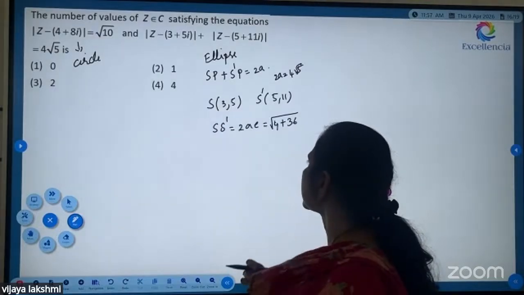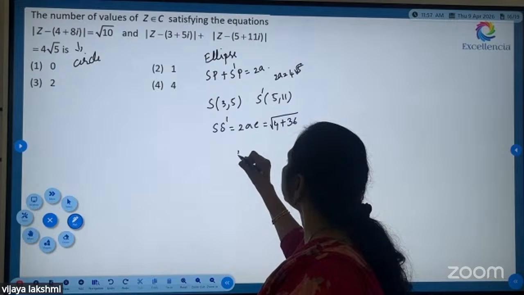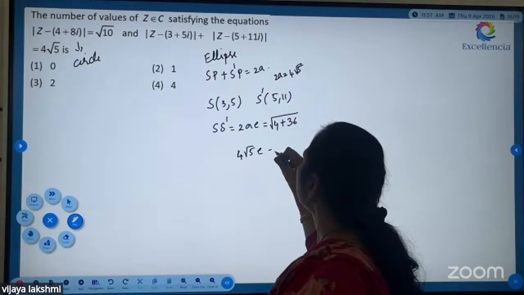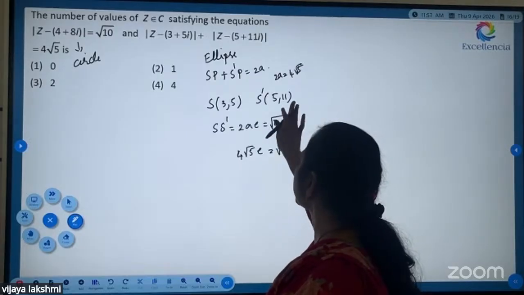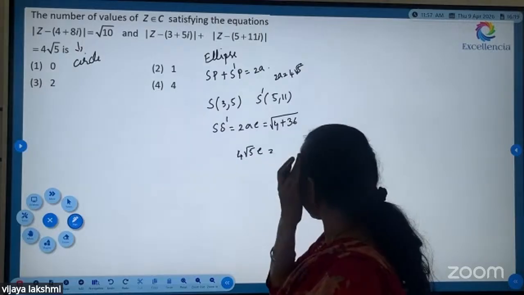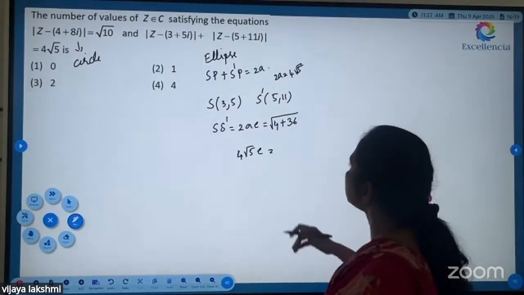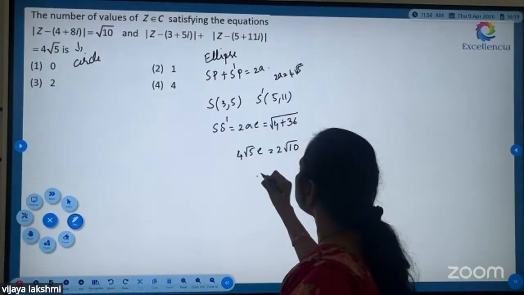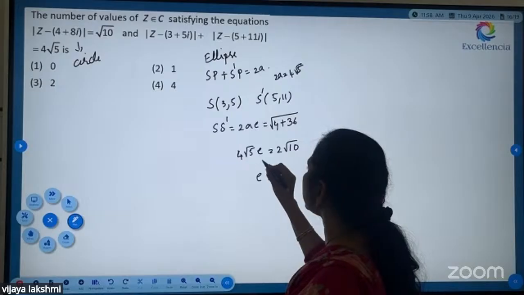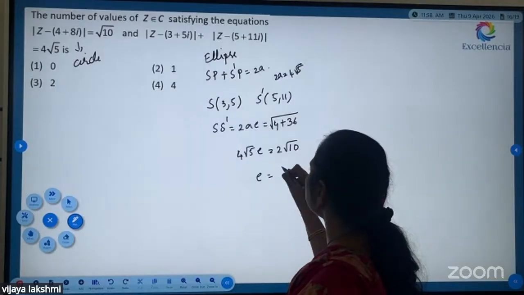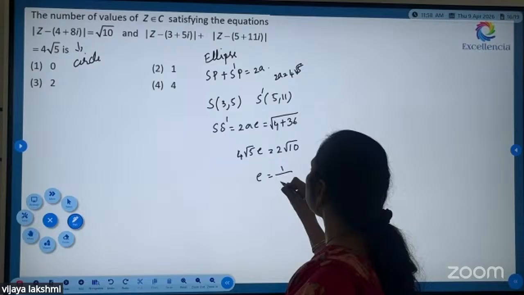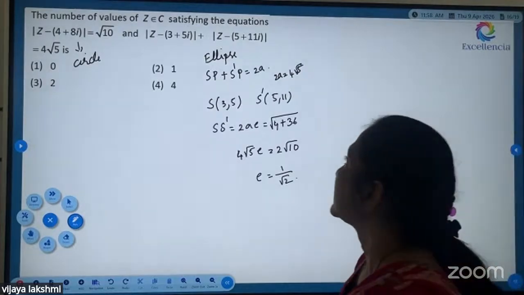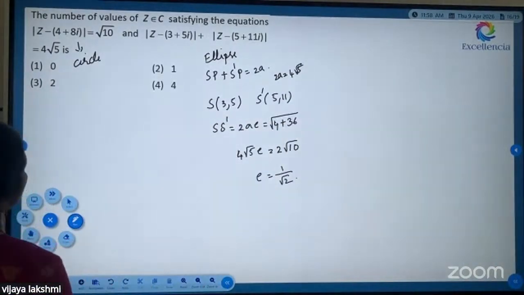We have 4 plus 36 square. 2A is nothing but 4 root 5 and the square root of 40. By writing B equal to 10 by 4 root 5, 1 by 2, the number of values of Z belonging to C satisfying the equation with E equal to 1.